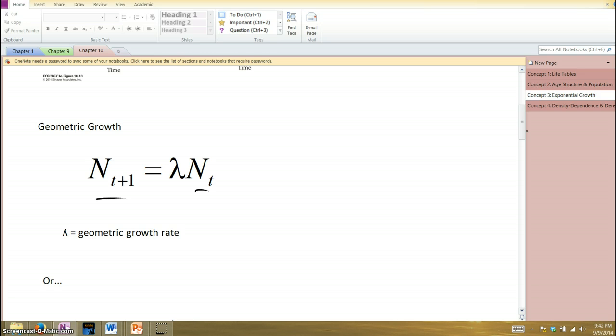But can we use that value of lambda, that growth rate, to calculate further in the future, say year 10, or the number of individuals in year 20? How would we do that? Well, of course, we could just iterate this equation and calculate from time t to time t plus 1, and then do it again to time t plus 2, and t plus 3, etc. But there's actually a formula that will calculate at any time in the future that we want.